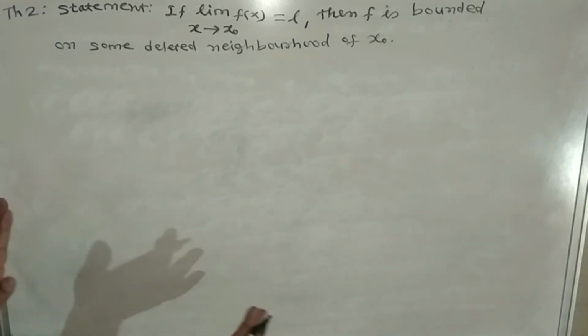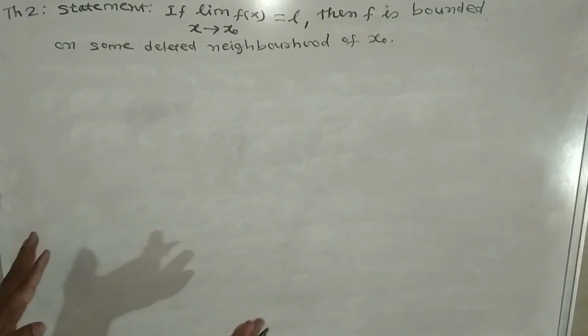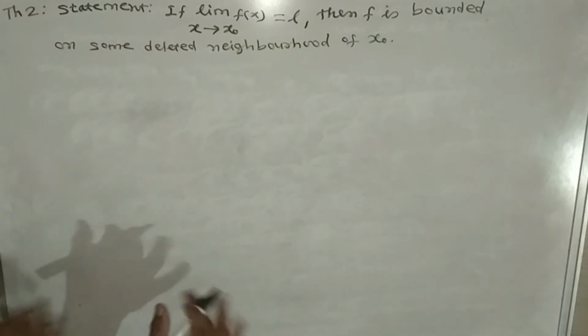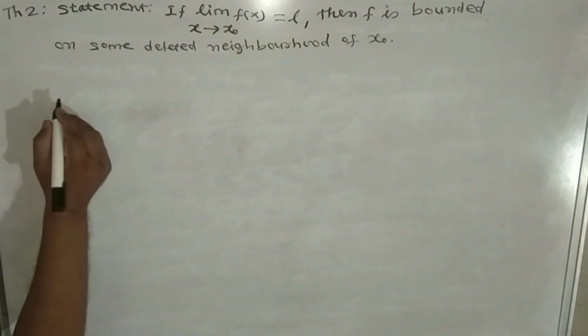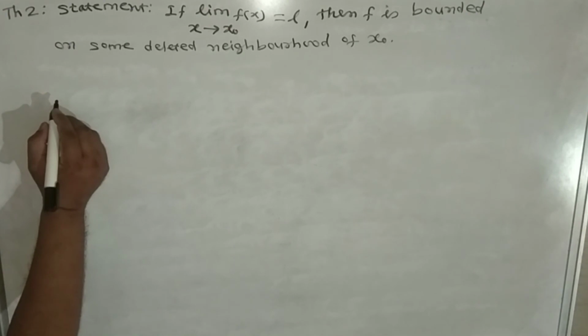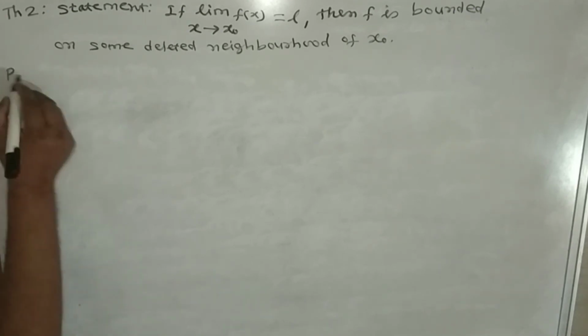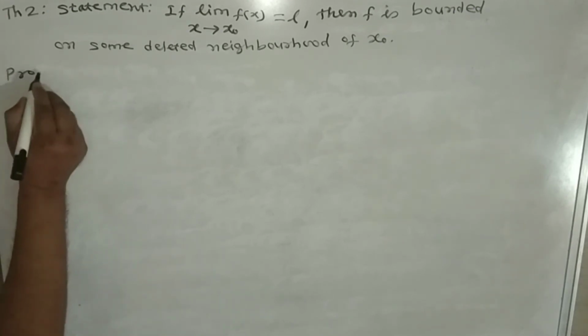We want to show f is bounded on some deleted neighborhood of x0. We have already seen the definition of deleted neighborhood, delta. So by using that definition, we will see the proof of theorem second.